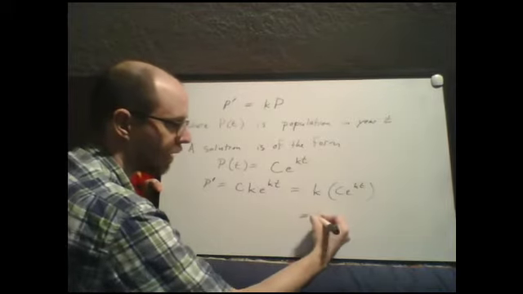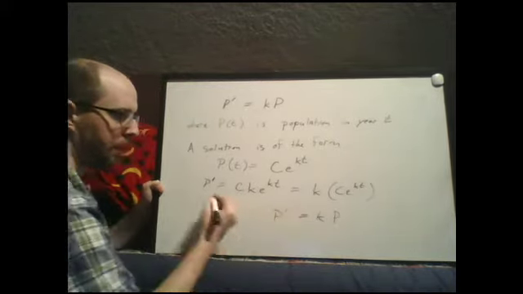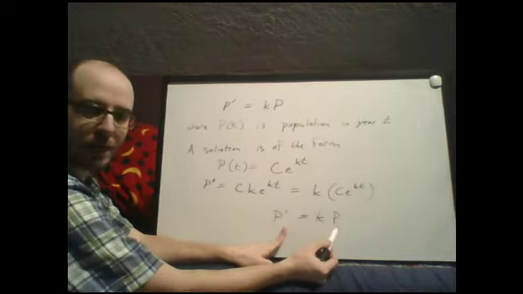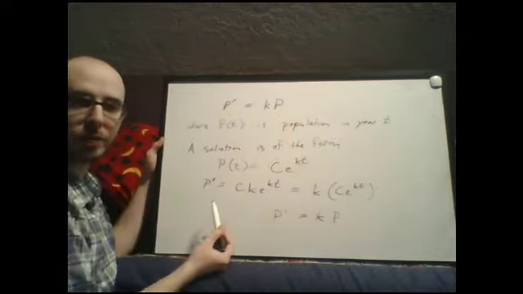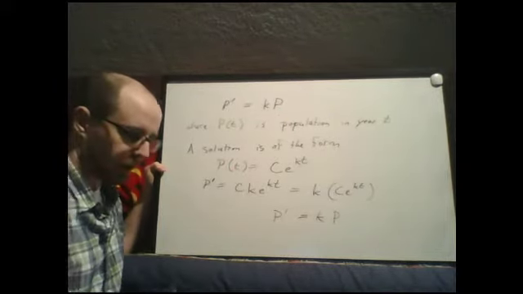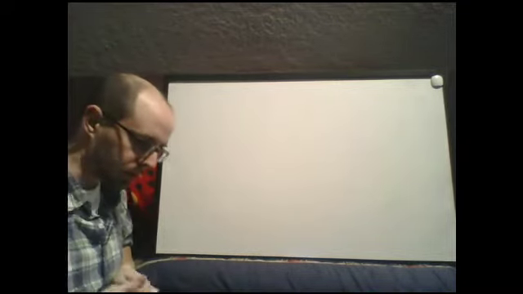So that's k times p. So p prime equals k times p, so it's satisfying the differential equation. Right? You may have seen that discussed in, I think it was chapter 3 sometime in Calculus 1.